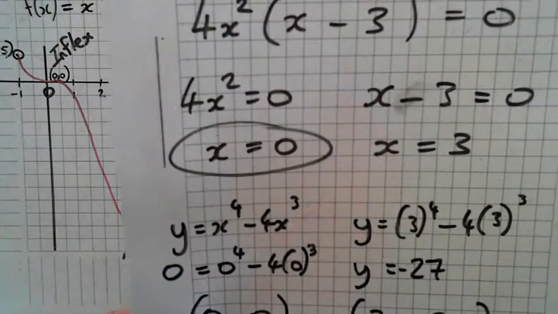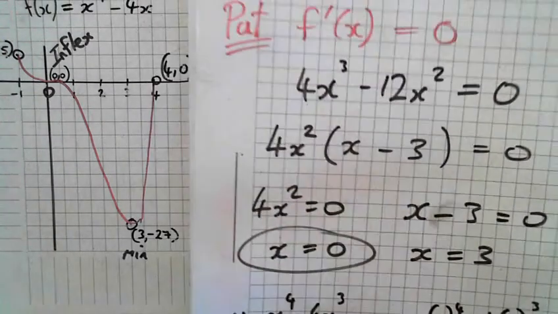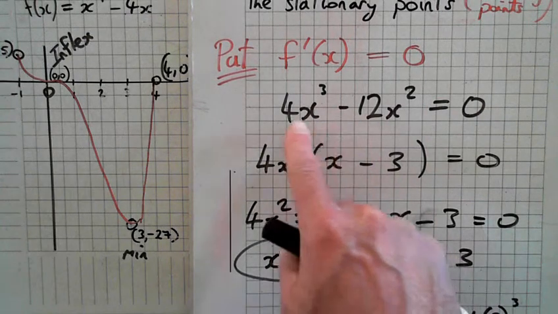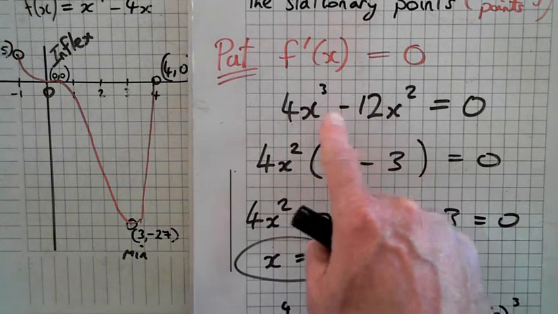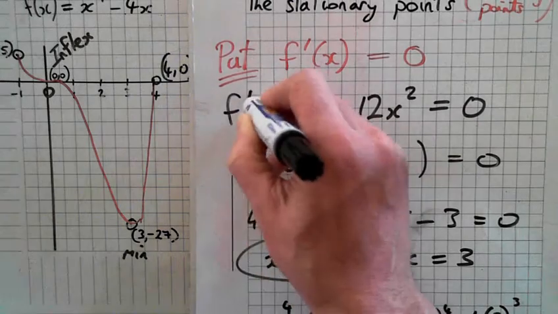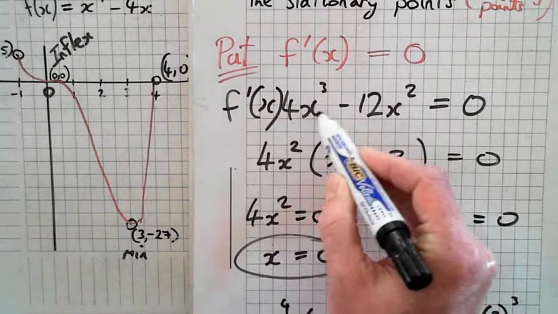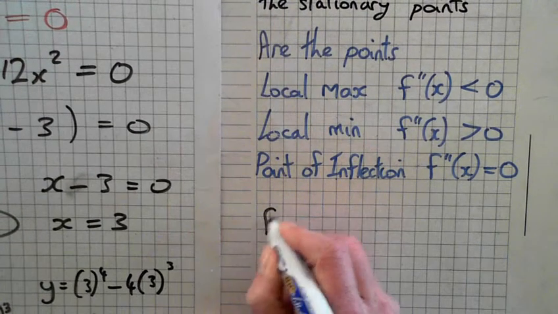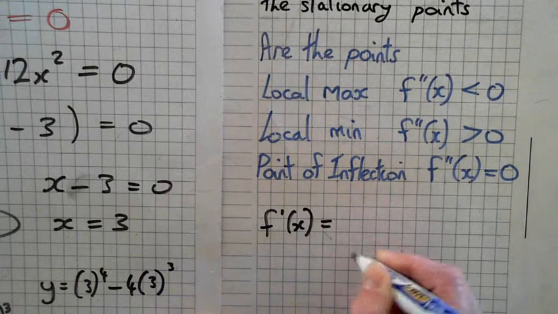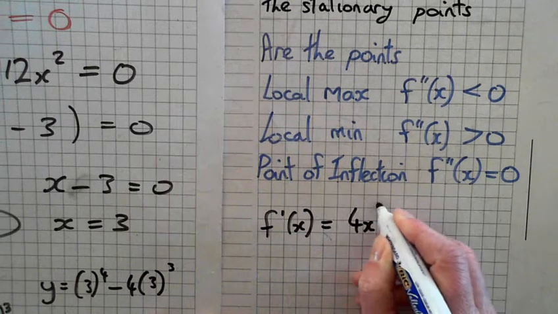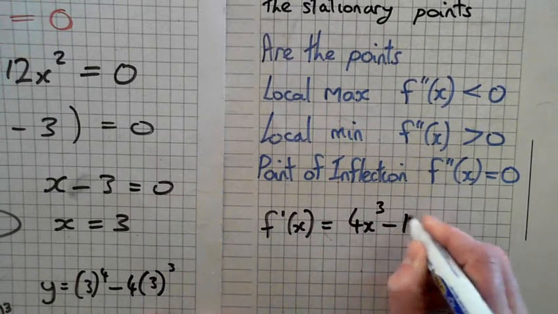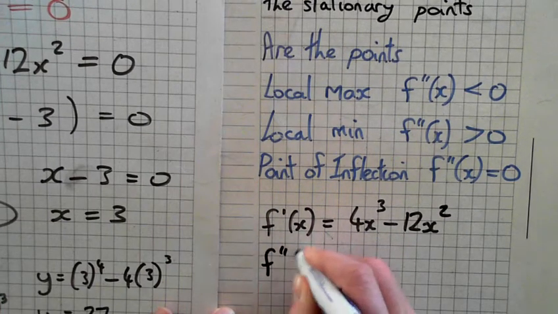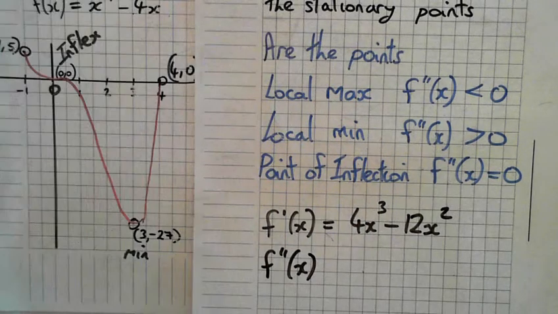Right, so the first derivative we got, where did we put it now? Yeah, here's the first derivative. Now, that's f dash x is equal to 4x cubed minus 12x squared. So what we need to do is differentiate that again, to get the second derivative, to determine the nature of the points.